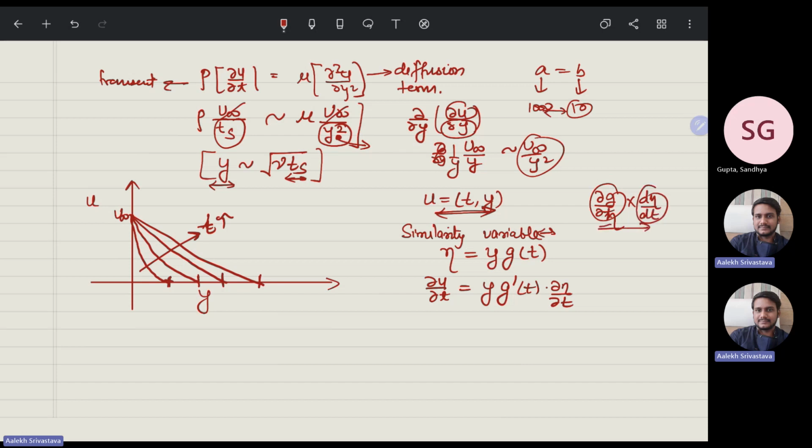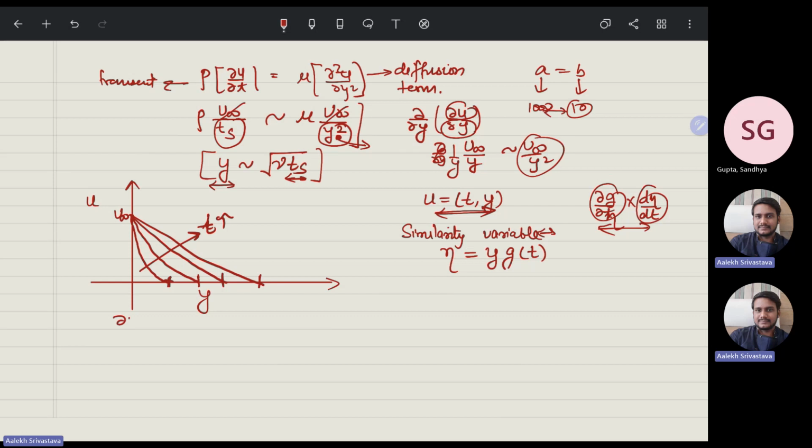So it is a differentiation by chain rule. Now del u by del y is equal to, so y would go away. So it is del u by del eta into del eta by, just wait, I should write it in a clearer way. That's difficult to understand.